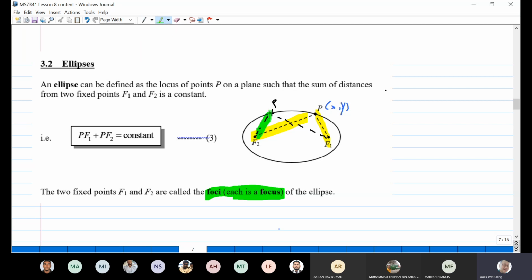You draw this one and this one together, and you find the length is the same. This is a property of an ellipse: when you move a point around, you still get the same length. It's a fixed length.